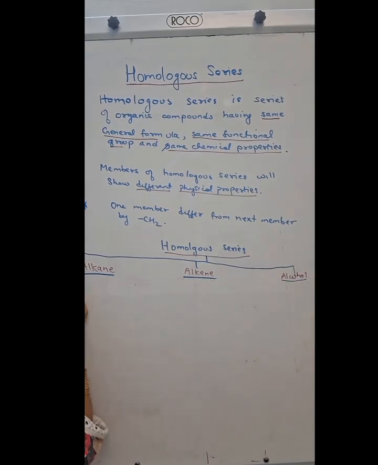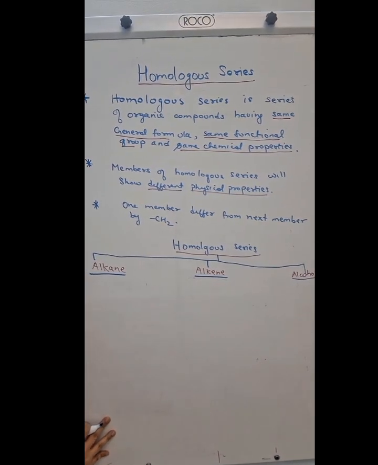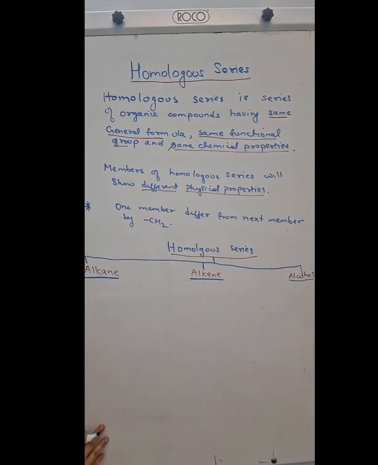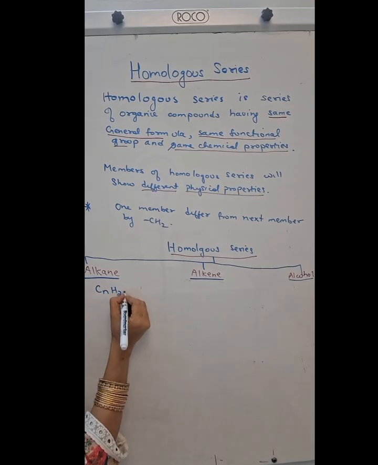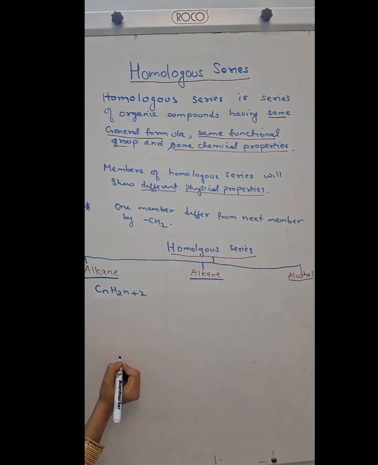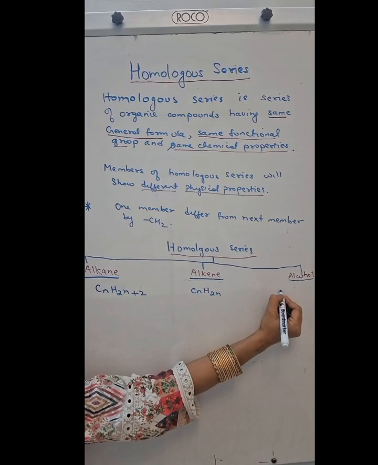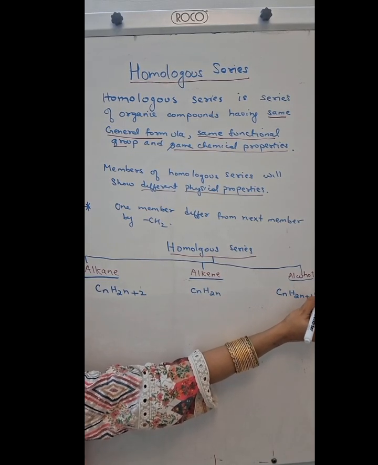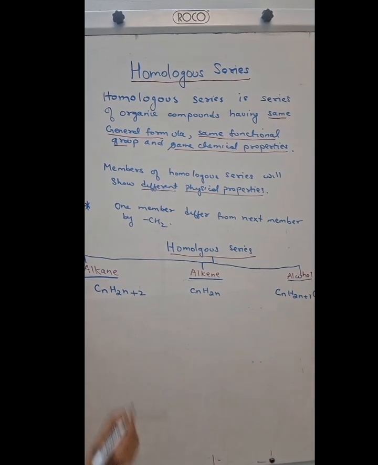Now first we will talk about the general formula. The general formula of alkane is CnH2n+2. The general formula of alkene is CnH2n, and for alcohol it is CnH2n+1OH.